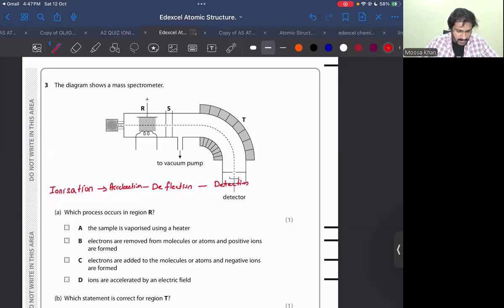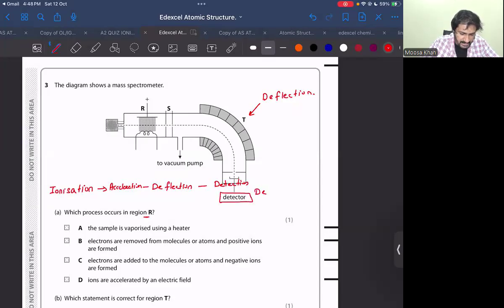Which process occurs in region R? Clearly, region T is your deflection, where you can see the particles, because the dotted line they have drawn must be showing the path of the particles. Clearly, in region T, deflection is taking place, right? It is tough to identify between R and S, but if deflection is taking place in region T, before deflection, detection must be taking place at the detector.